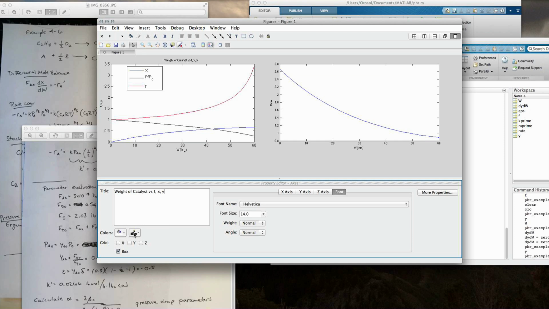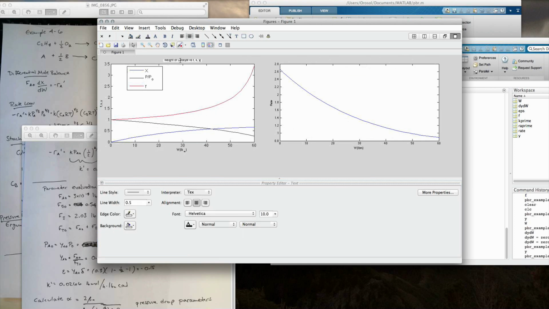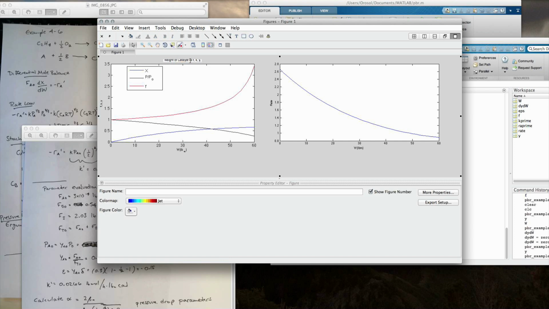And you can change the colors. So if you want to play with just one specific font, then you can click on it.